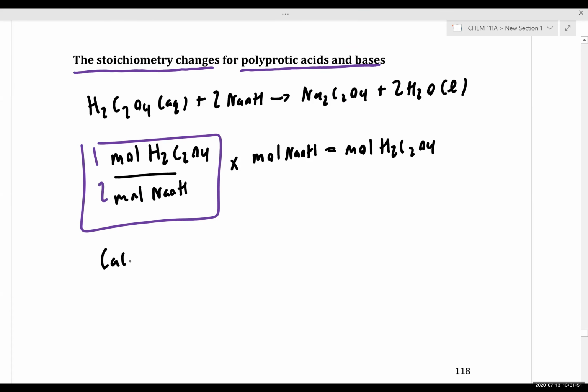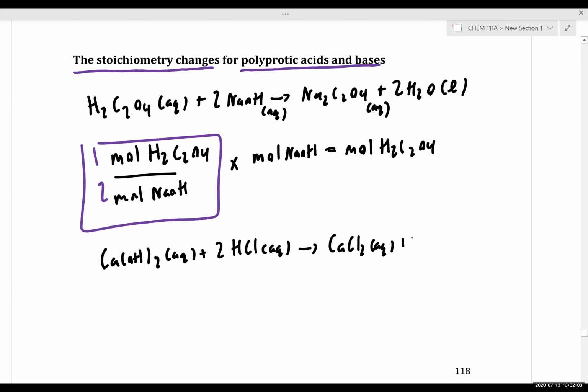So let's suppose we're dealing with calcium hydroxide aqueous and we're titrating it with hydrochloric acid. Put the aqueous symbols in just for completeness to generate calcium chloride aqueous plus 2 equivalents of water.